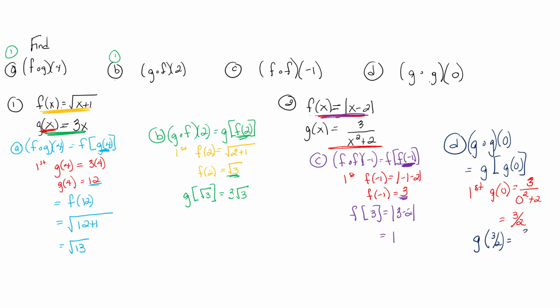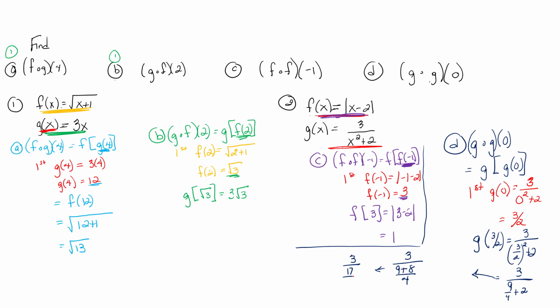Okay, 3 over 3/2 squared plus 2, 3 over 9/4 plus 2, which gives me, we're going to continue it over here, 3 over, get the common denominator, so 9 plus 8 over 4, which is going to give me 17/4 on the bottom, which is going to give me 12 over 17.